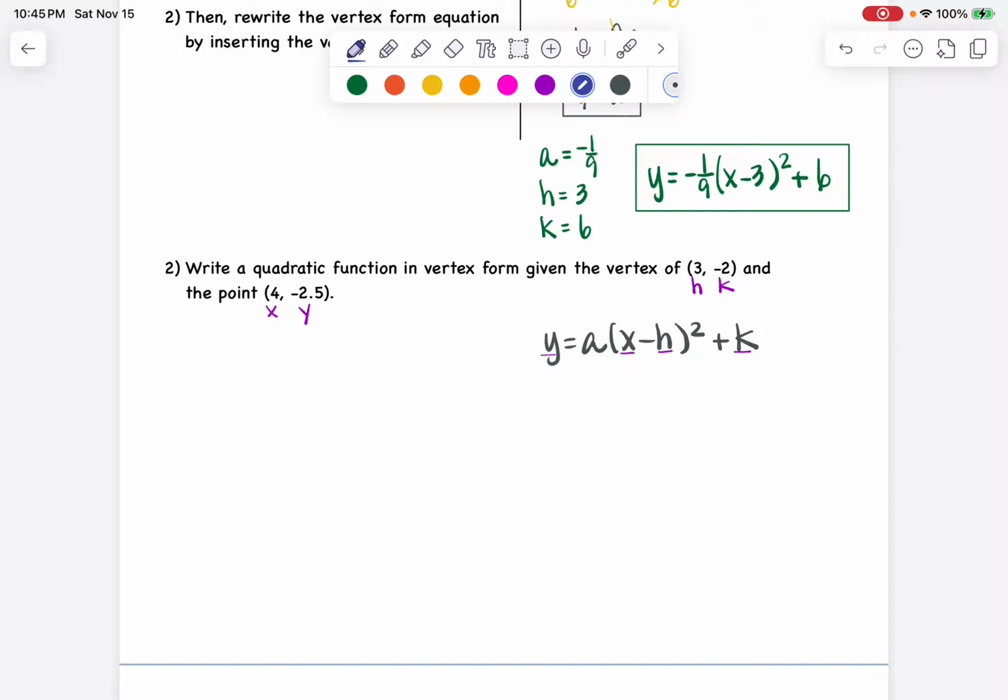Our y value is -2.5 equals a. That's what we're solving for. Our x is 4. Our h was 3, so minus 3. And then it's going to be plus k, but my k is -2. So instead of writing plus negative 2, I forgot my square.